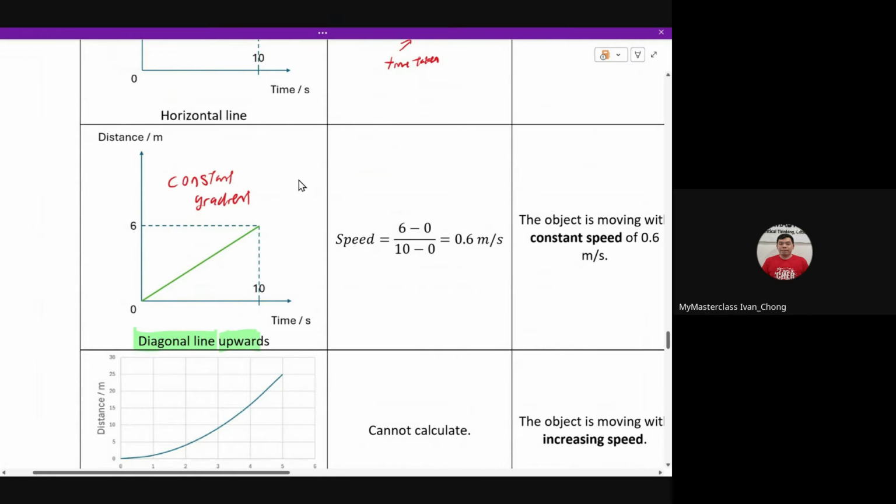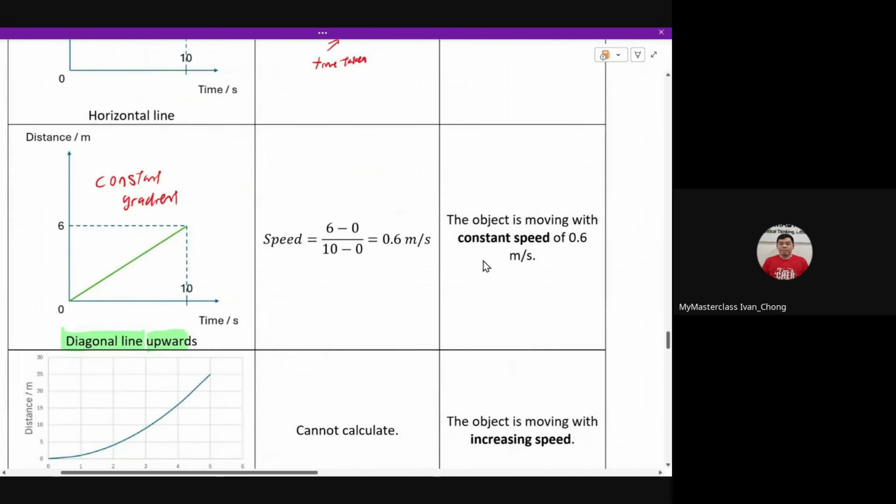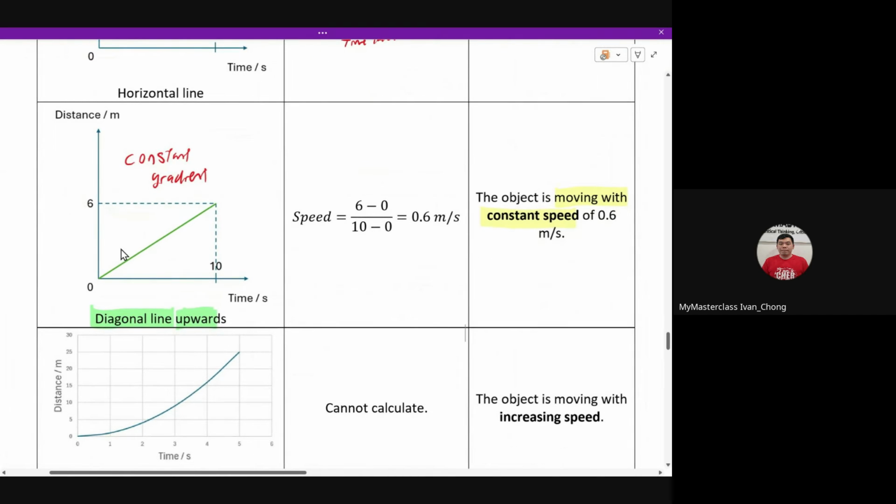Constant gradient means constant speed, so a straight diagonal line is just constant speed. If you know the numbers, you can say my object is moving with constant speed from 0 meters to 6 meters, or you can calculate it and say I move with a constant speed of 0.6 meters per second.